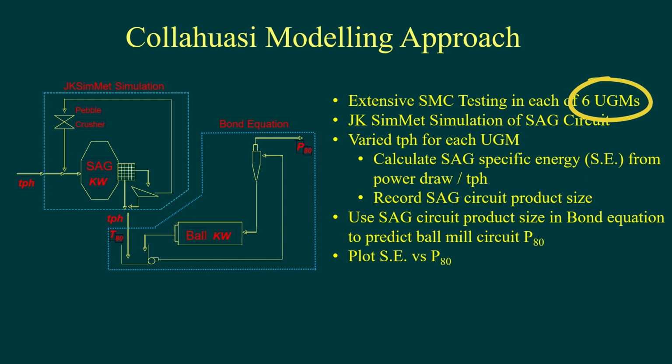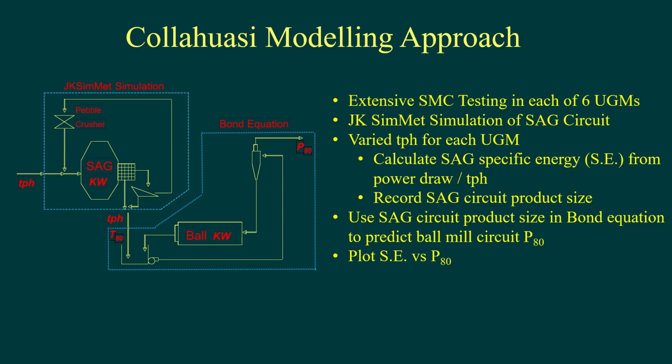You'll see this terminology used quite extensively throughout South America, or at least in Chile, and it's based on a so-called end member description of ore bodies. So short for ore types. So 6 different ore types.